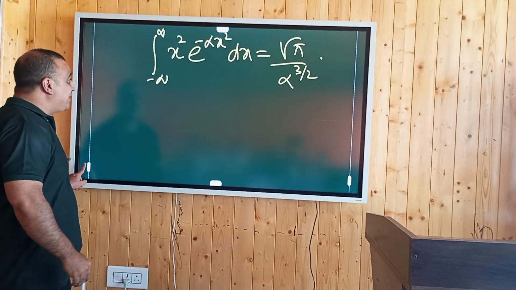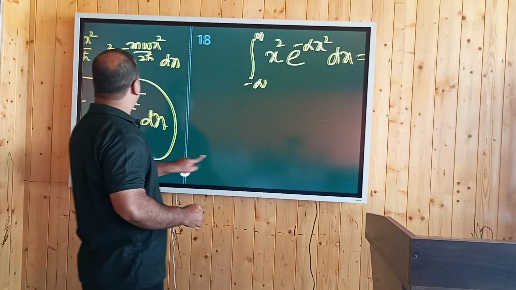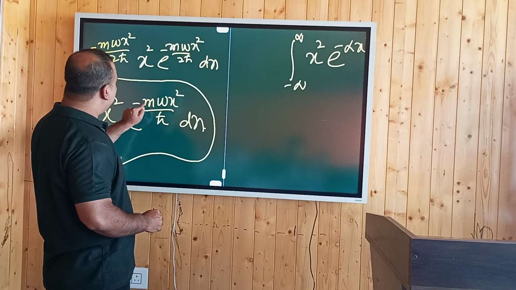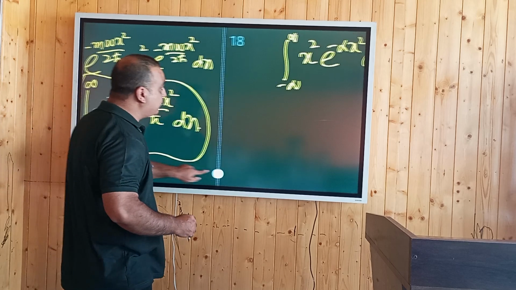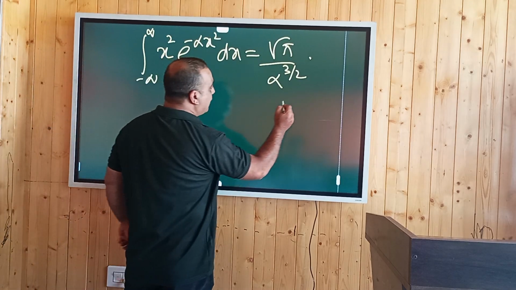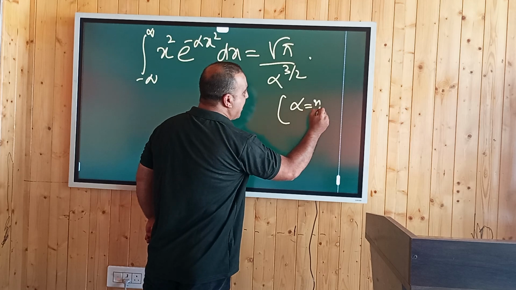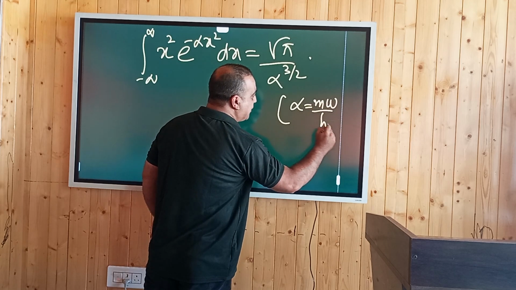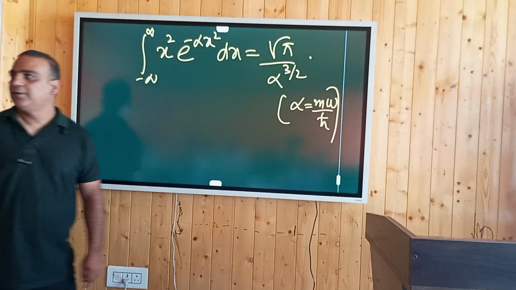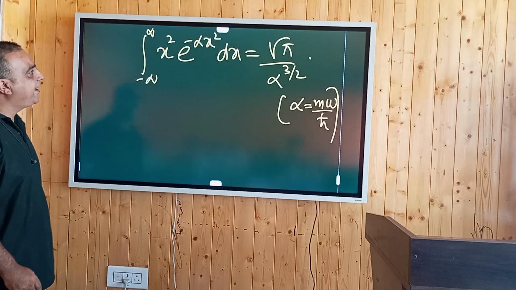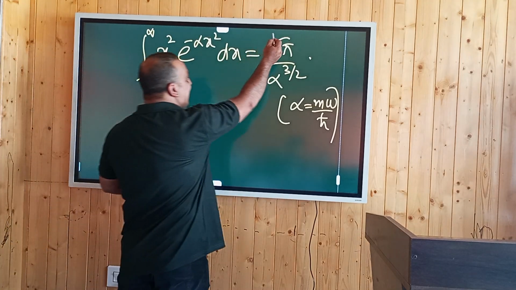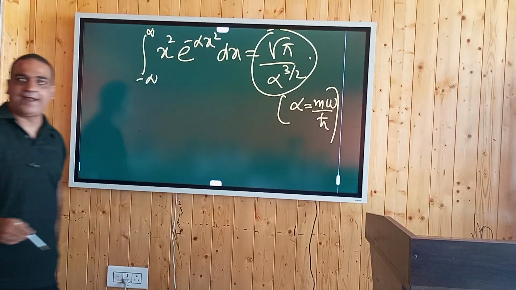So in my problem, what is alpha? In my problem, alpha is m omega by h cross. Am I right? So I can use this result in the calculations that I'm doing.